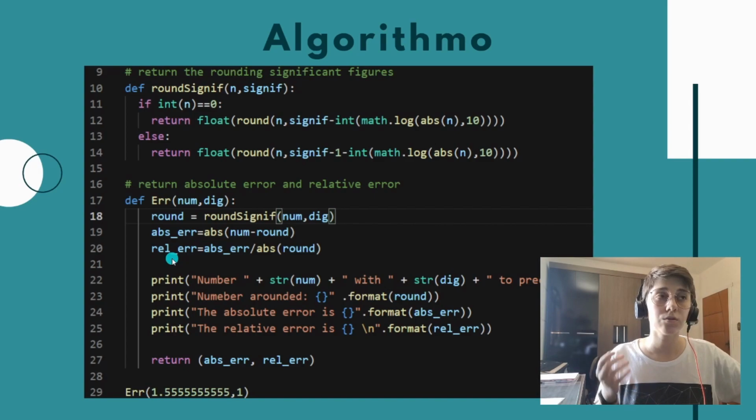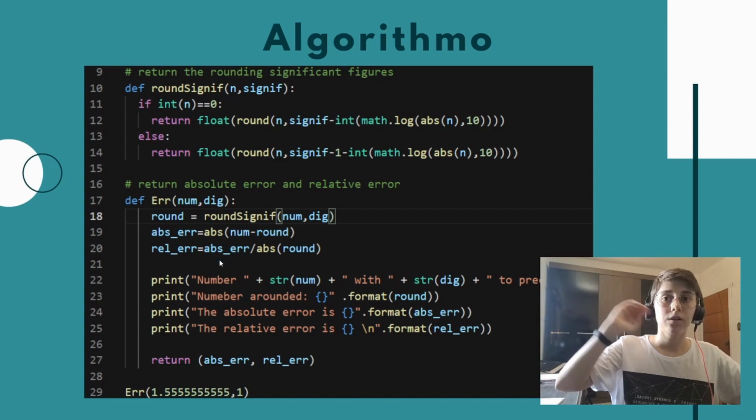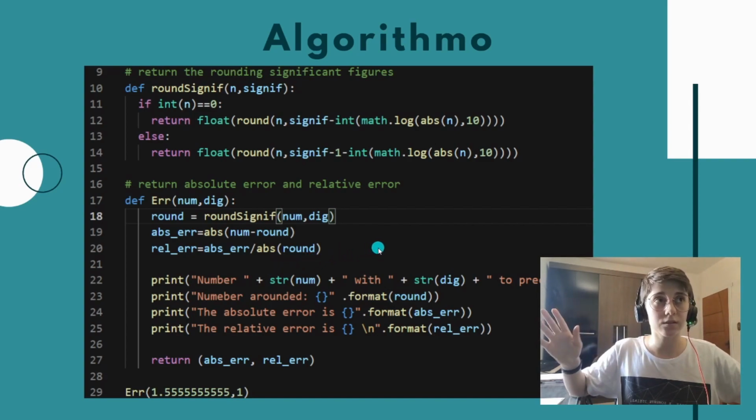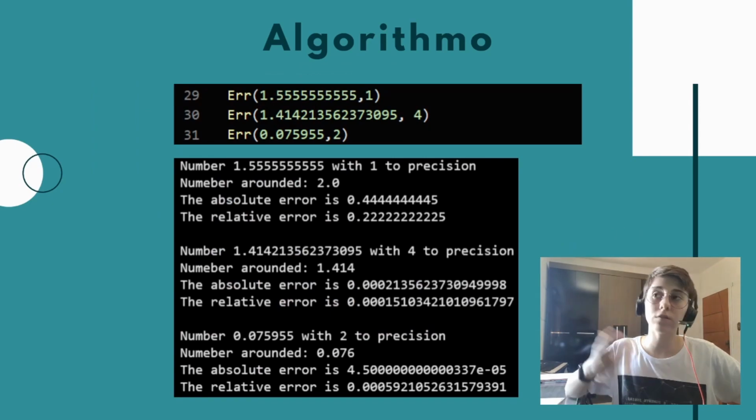And to calculate the relative error, we divide the absolute error by the absolute value of the rounded value. So with this we have everything that we want, and we can check if our calculations got the right value.